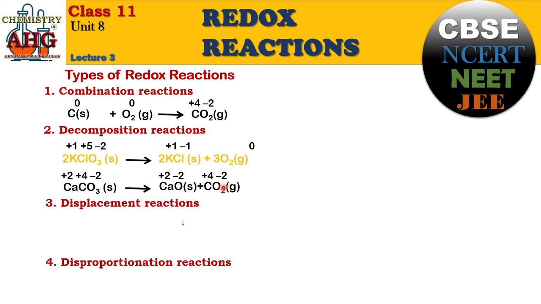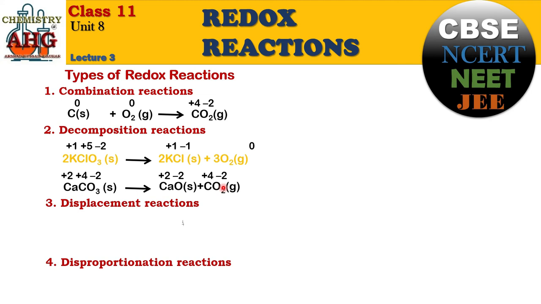Moving on, displacement reaction. It is also known as substitution reaction. Whenever one atom takes the place of another atom, it is known as substitution or displacement reaction. Now remember, this displacement can be the displacement of a metal or the displacement of a non-metal.